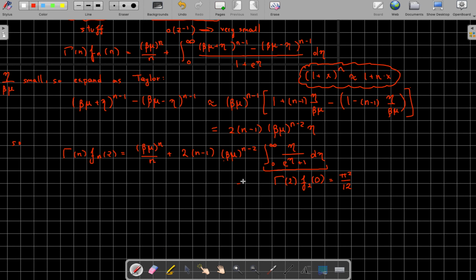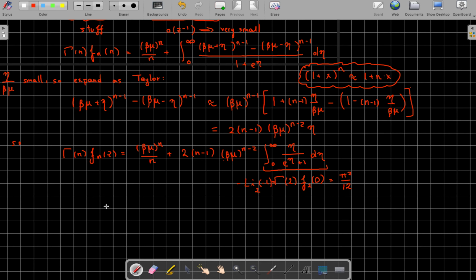This is also just a polylogarithm. This is just minus Li 2 of minus 1. Yeah. It's a fairly famous integral, and you can write this as a series, the series that Euler calculated. But yeah, so this is equal to pi squared over 12.